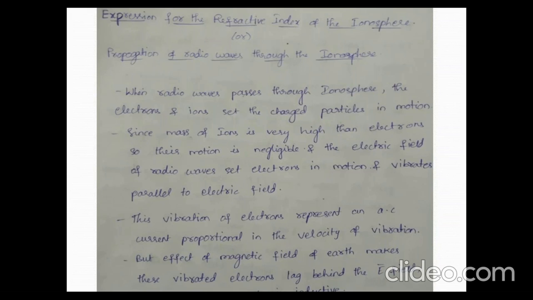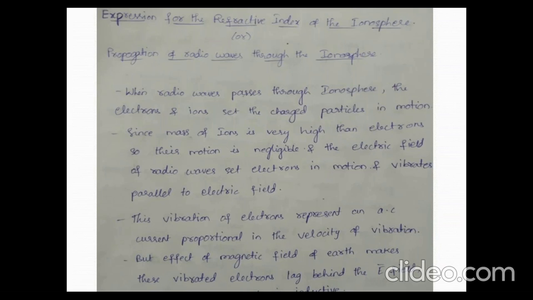Actually, what is happening in the ionosphere, as we discussed, is that the sun rays, UV rays, and cosmic rays falling on the atoms make them ions by leaving the electrons outside. We have discussed this in skywave propagation previously. So the ions and electrons released will have some charge.